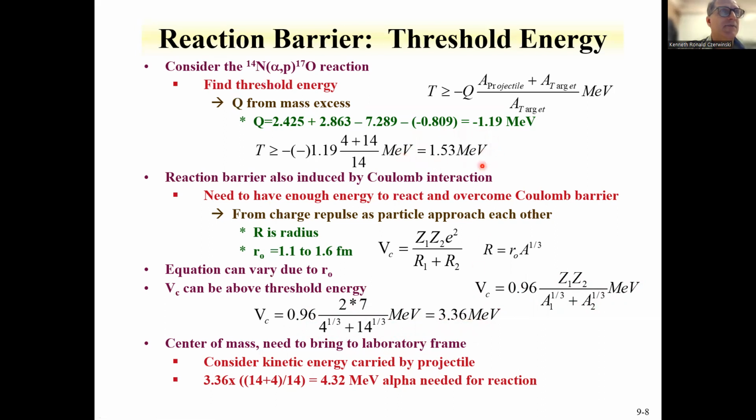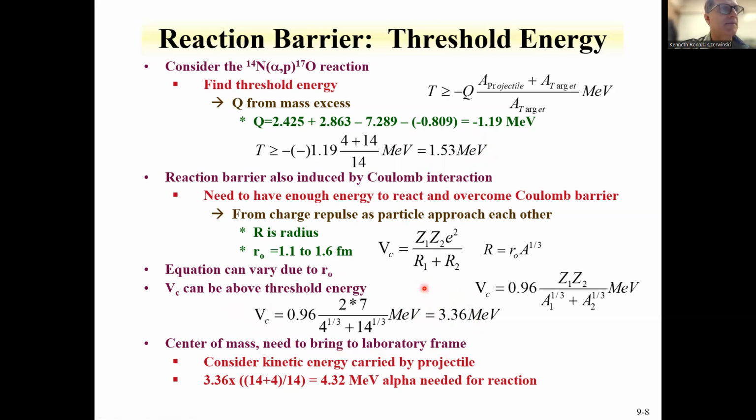So this is the energy for just the threshold to occur. But even if I use this energy, I'm not going to get anything to happen because the particles won't get close enough together. So I still have to dump in more energy to overcome the particle repulsion. And then, by the way, this is a laboratory frame calculation.